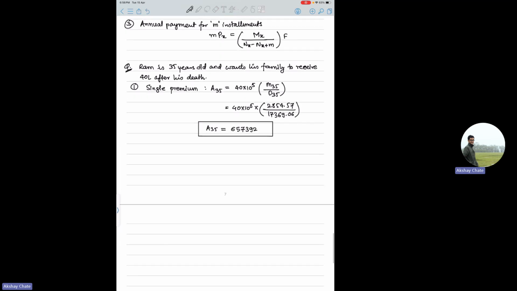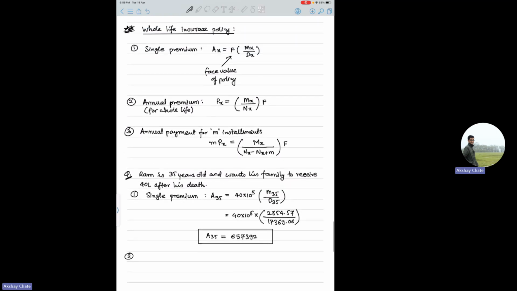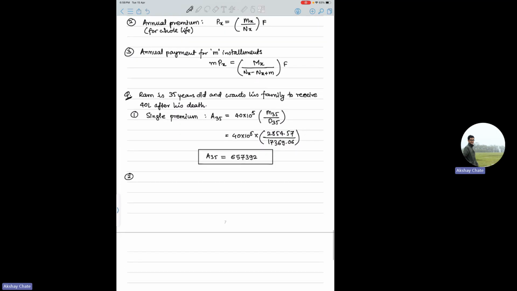But let's say he is not able to arrange this much money upfront. So if he wants to divide this into annual premium for whole life, what do you do?